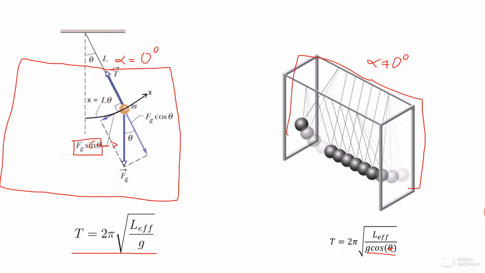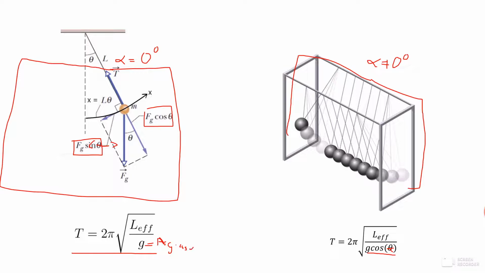Here we need to consider the force of gravity, cosine of theta, which is directly downwards from the length of the pendulum. When alpha is 0, here we can replace this g. It's actually the force of gravity. Well, it's exactly gravity, the gravitational acceleration, times cosine of alpha.